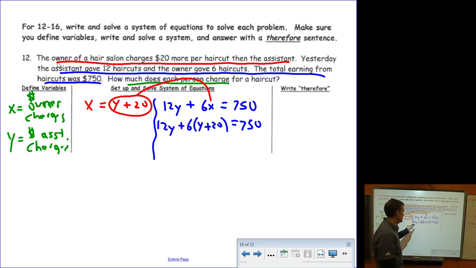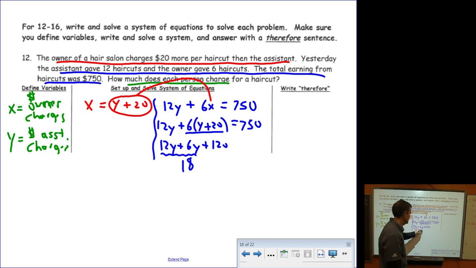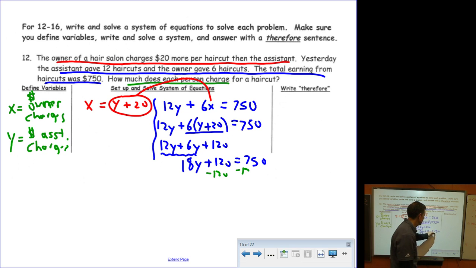When I simplify the left side, I get plus 6y plus 120. And when I add my like terms together, I get 18y plus 120 equals 750. When I subtract 120 from both sides, I get 18y equals 630.